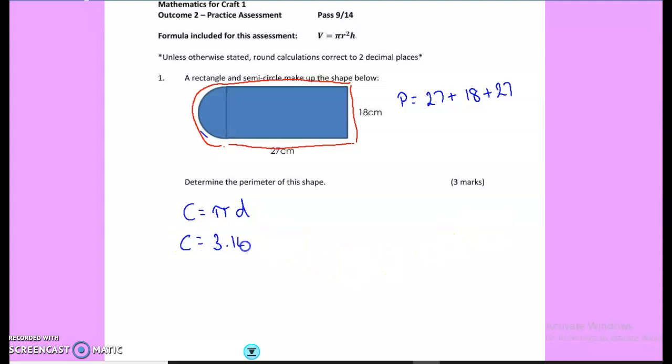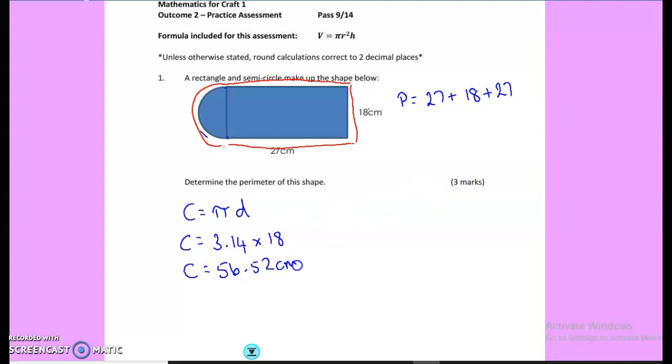Pi, you can either use the pi button or 3.14, whatever you prefer. Diameter of the circle goes from edge to edge, so that would be the 18 centimetres. Multiply them together, so 3.14 times 18, that gives us 56.52.